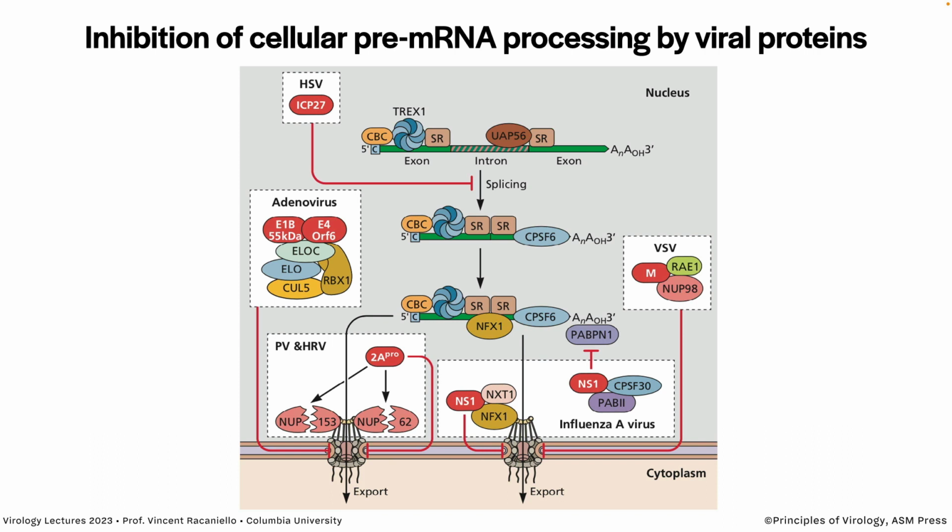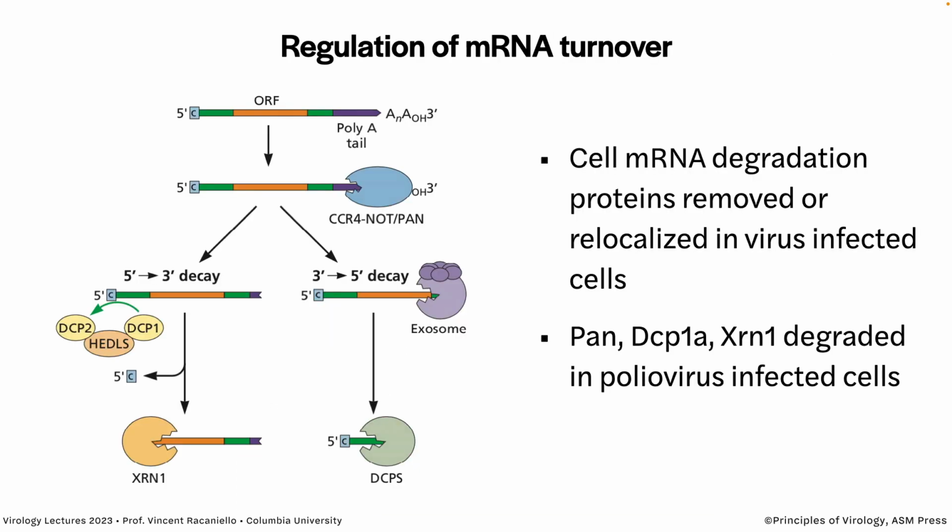It cleaves them so they don't work anymore. Poliovirus doesn't have anything to do with the nucleus, so it doesn't matter if its export is trashed, because its RNAs are mainly in the cytoplasm. It just is looking for unfettered access to the translational machinery. And influenza virus does this as well. So again, many viruses are interfering with gene expression.